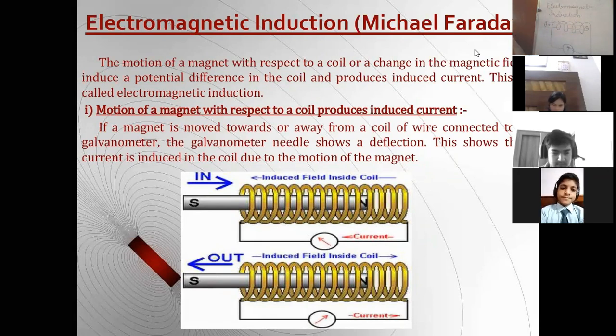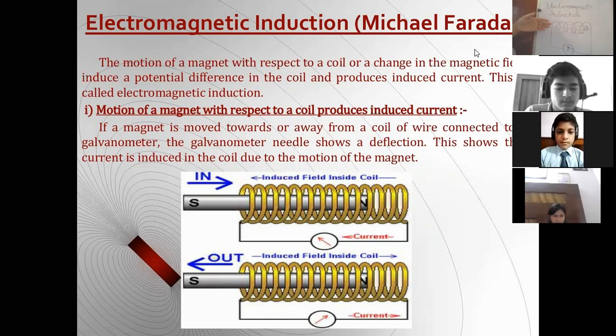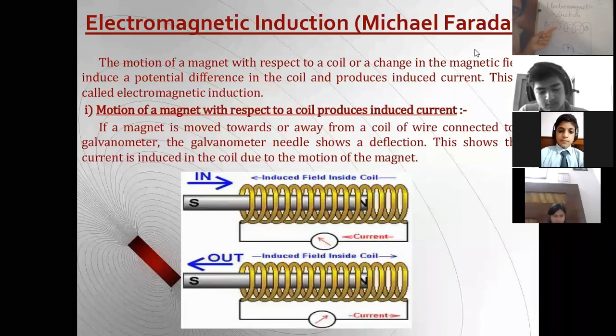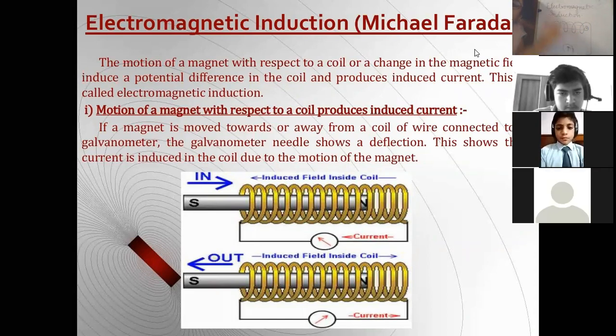But if I move the bar magnet inside and outside, means if I bring the magnet in motion, if I add velocity to either the coil or the magnet, what will happen? You will see that the pointer of the galvanometer will show the deflection.